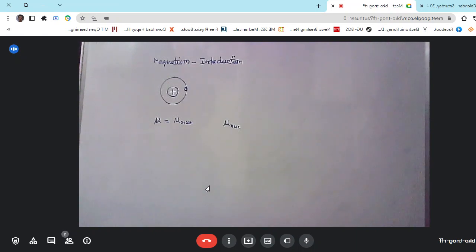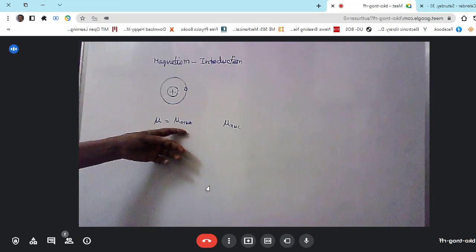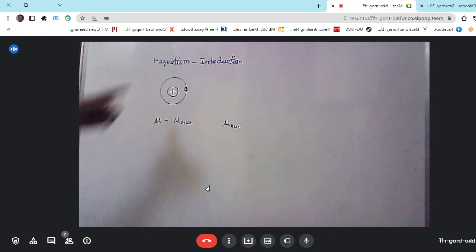And where does the magnetic field come from? Of course, this orbital motion resembles some kind of magnet, as if a magnet is there, and this magnet is supplying the magnetic field. Therefore, I have this mu orbit, dipole moment due to this motion.